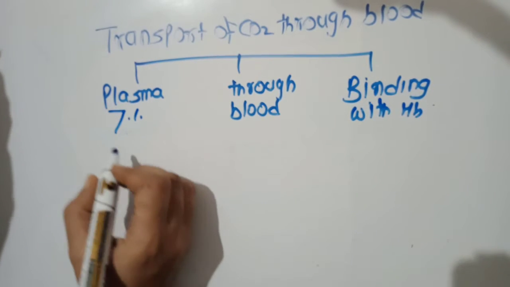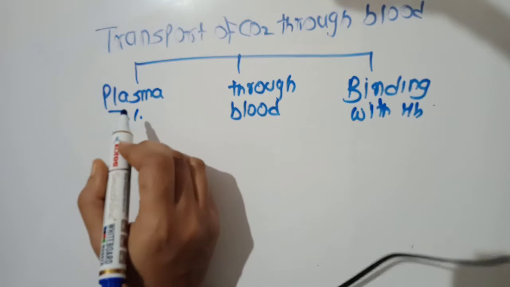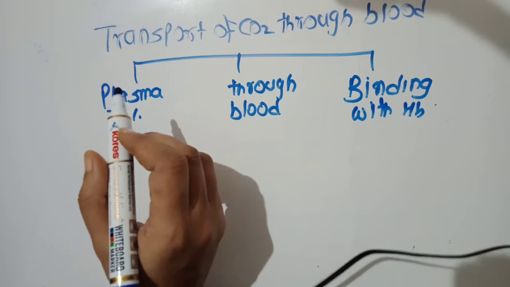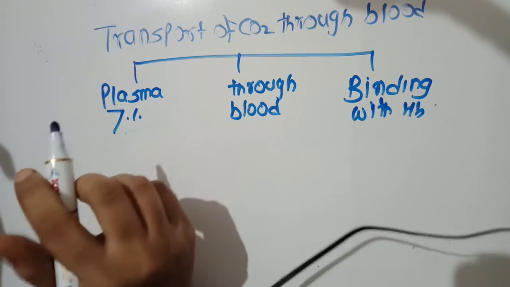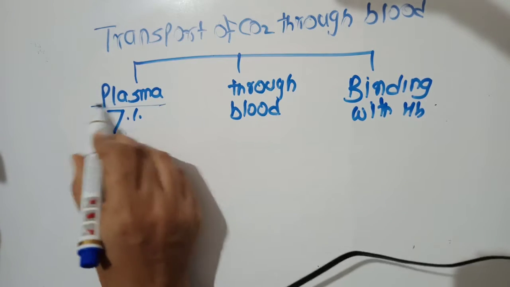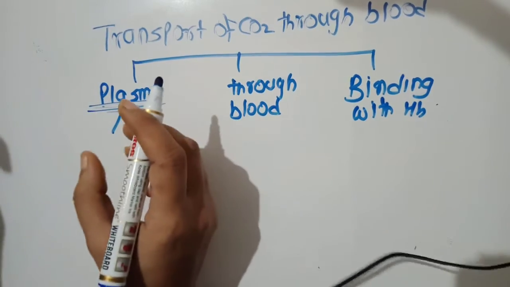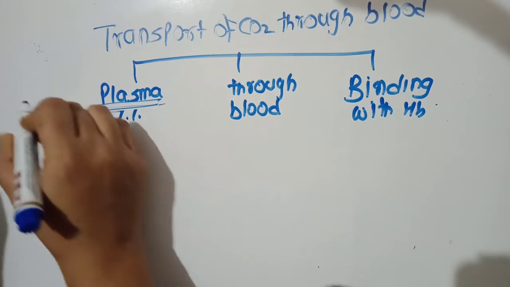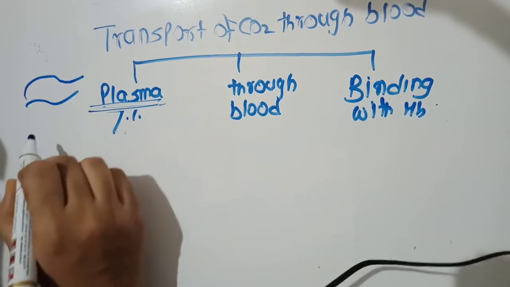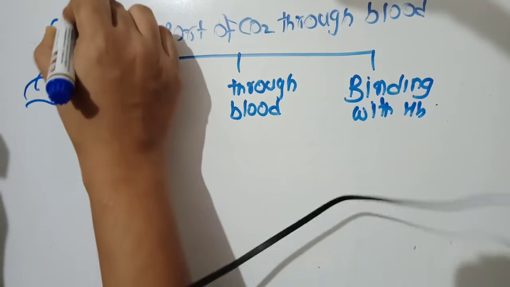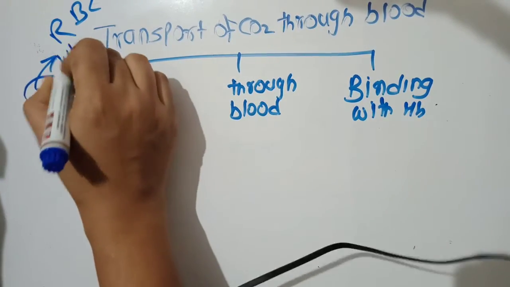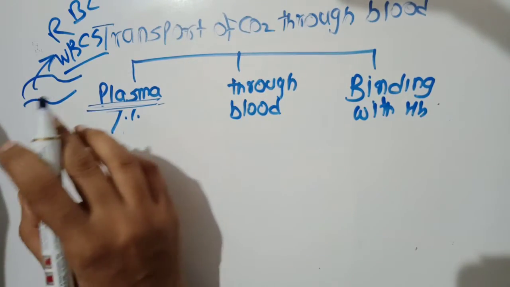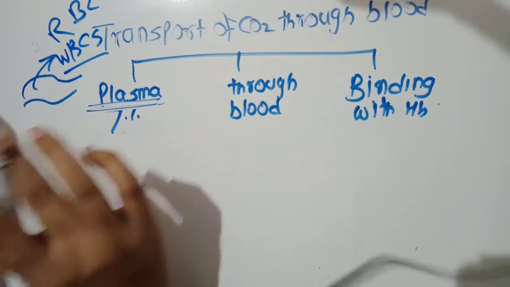the plasma. If you ask me what is the difference between plasma and blood: just like we have water in our body, the main constituent of blood is water. The plasma is a yellow fluid that acts as a transporting medium.